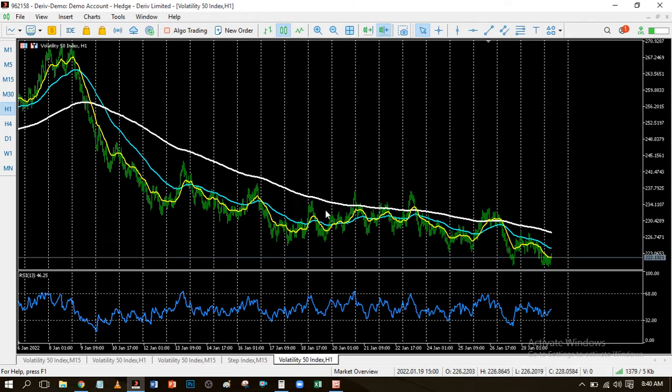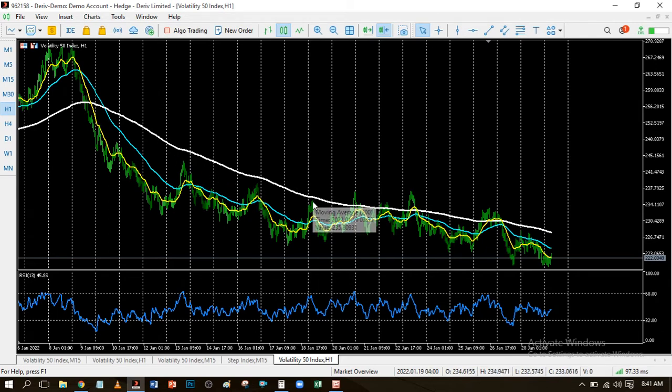In this particular scenario, you'll realize that when this dropped, this peak here did not come to this level. When it dropped again, this peak here did not come to this level.